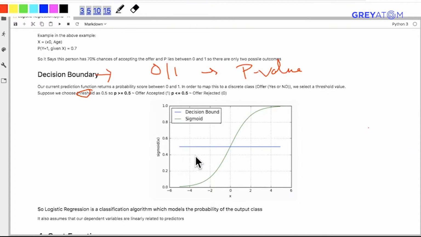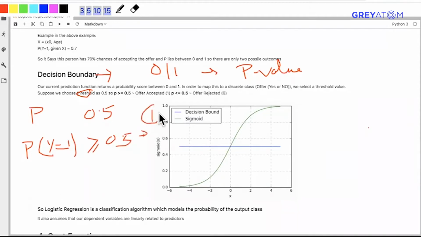And just to give you an example, suppose here I am setting my threshold to be 0.5. So if my probability of y equal to 1, that is my logistic regression output, is greater than or equal to 0.5, then I will say this is class 1.